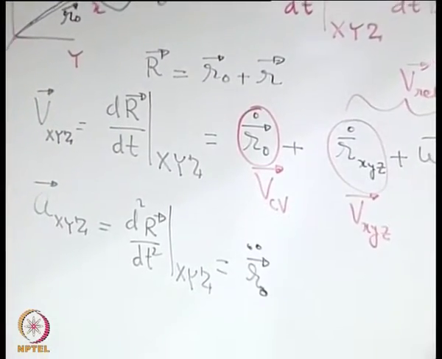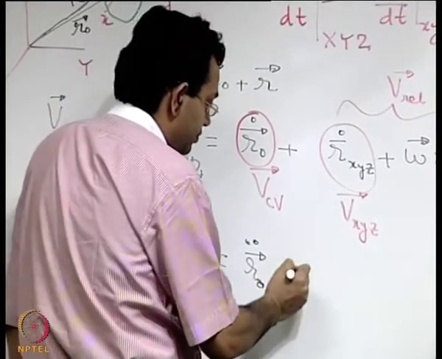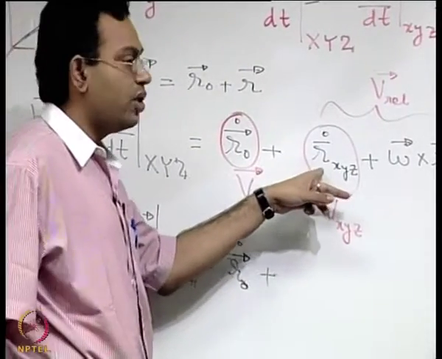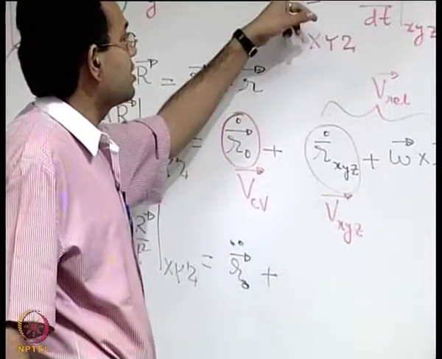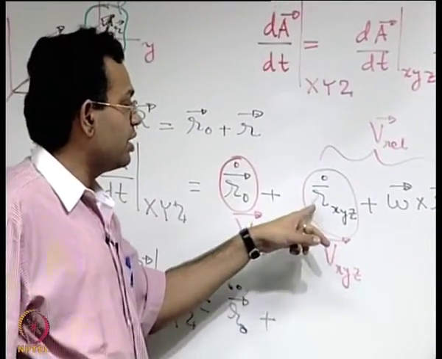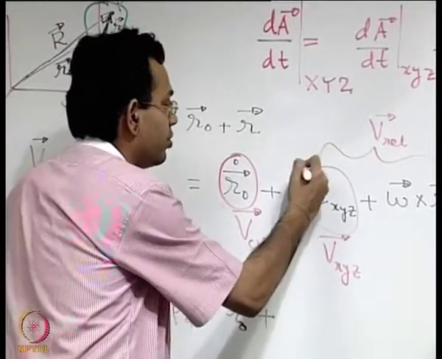Next, r dot small xyz, just substitute that with A in this expression. So, the d dt of this one is what we are looking for.